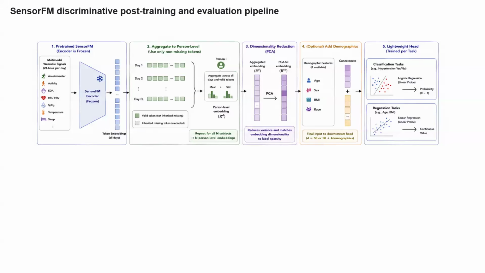Then they use the aggregated embedding and do the PCA. That reduces the variance, and it basically matches the embedding dimensionality to latent sparsity. After that, they add the demographics to make it more personalized, like age, sex, or race of the participants, and then they concatenate that information and use it for the classification or regression tasks.